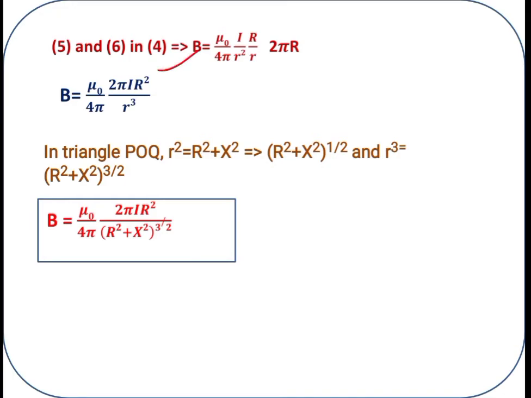So total magnetic field B is equal to mu naught by 4 pi, I divided by r square, into R divided by r, into 2 pi r. Once again I will read: B is equal to mu naught by 4 pi, I divided by r square, into R by r, into 2 pi r. Simplify now.